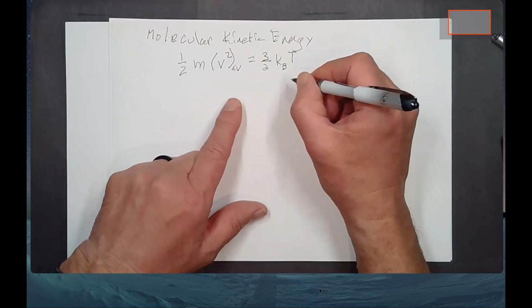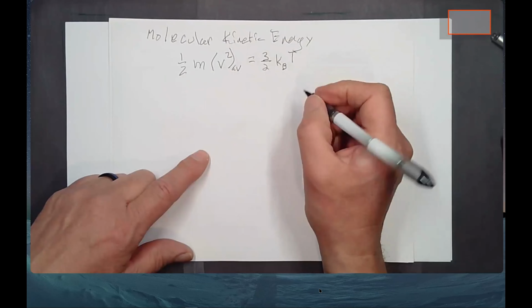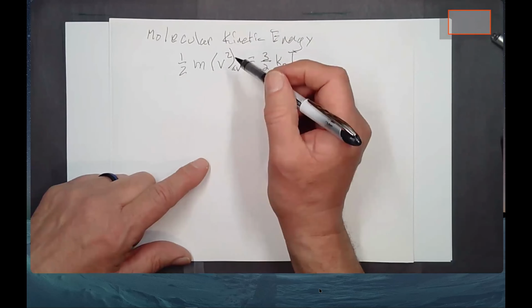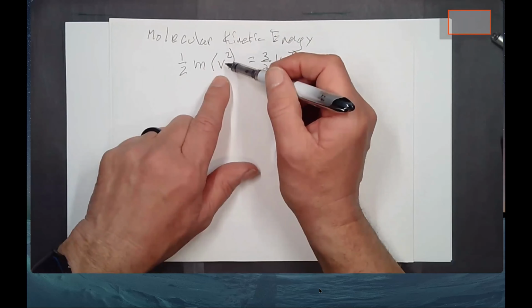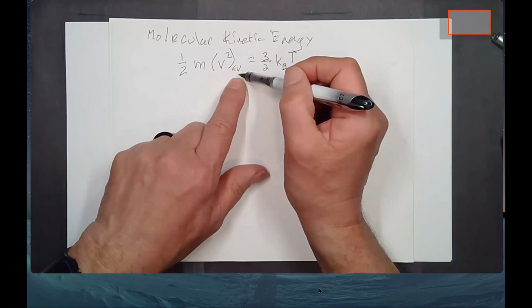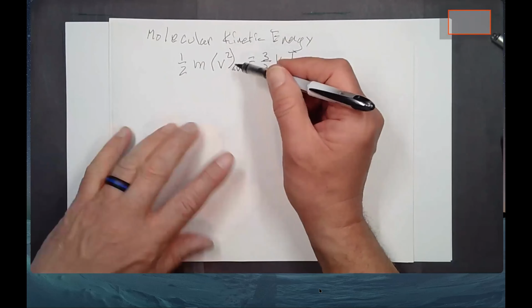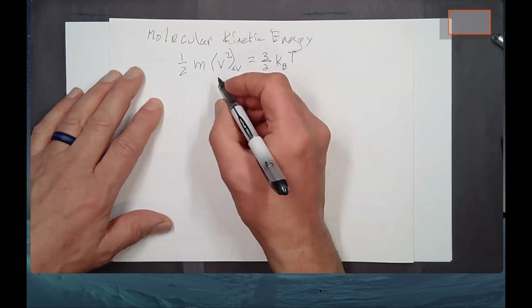Now, there's another way of writing this v squared average, and if you think about the order that you do things in, you'd first take the square of v and then calculate the average of it. And if you just wanted the speed itself and not the squared, then you'd take a square root.